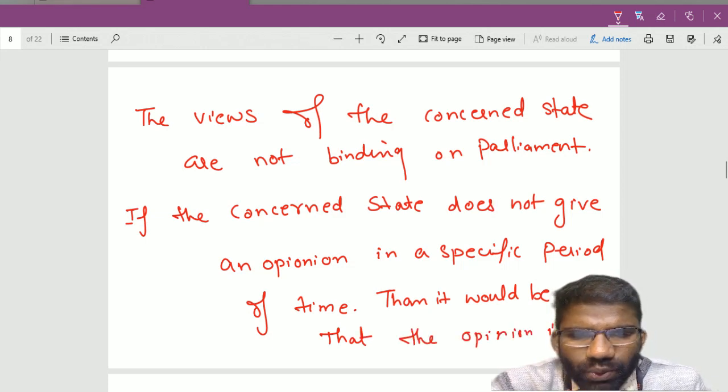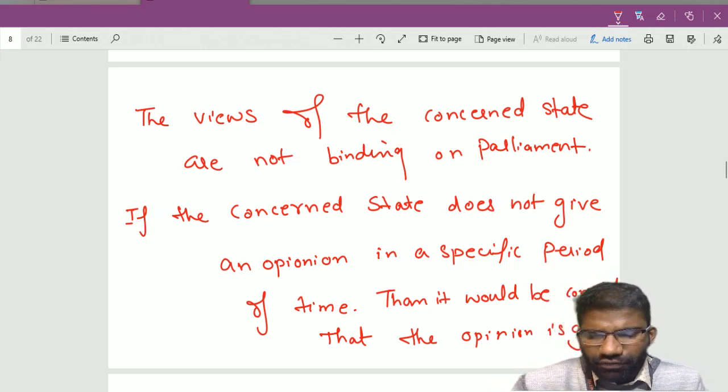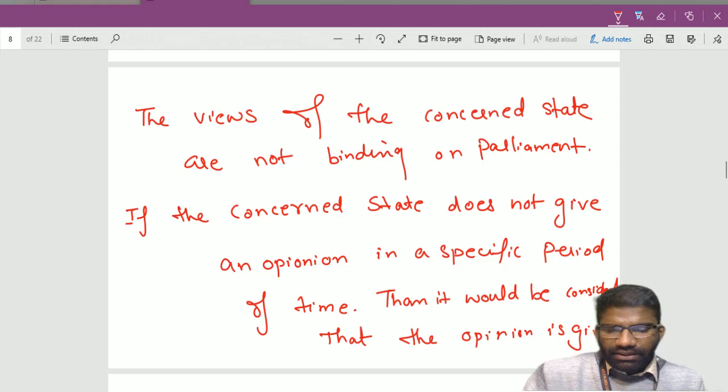If the state is not giving an opinion within a specific period of time, then the opinion would be considered as given.